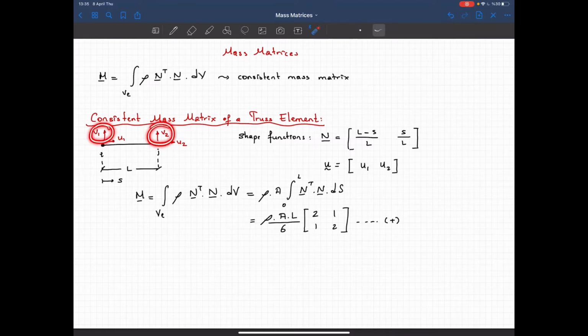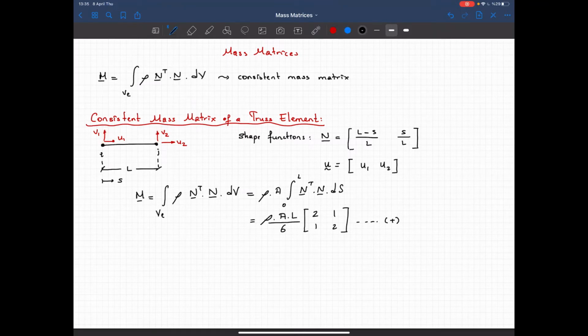That's fine, but what about V1 and V2? How can we generate the consistent mass matrix for these two degrees of freedom? Because yes, we may not have any stiffness in these directions for a truss element, but this doesn't mean that we don't have any translational mass.